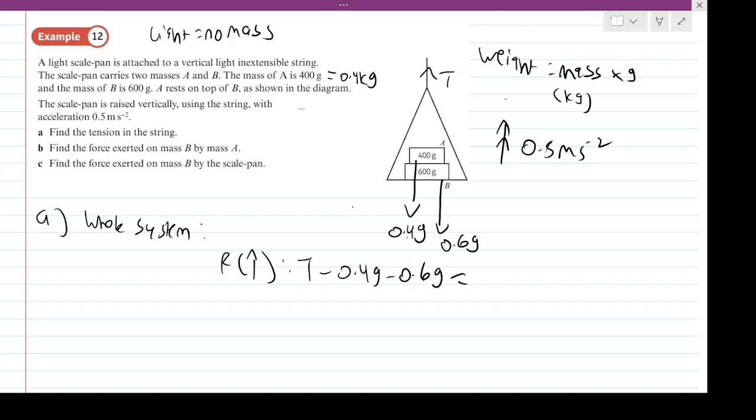The total mass, 400 grams plus 600 grams, is 1,000 grams, which is 1 kilogram. So 1 times the acceleration of 0.5. Then we get T take away 1 G, or 9.8, equals 0.5. If we add 9.8, we get 10.3 newtons. So that's my tension, 10.3.